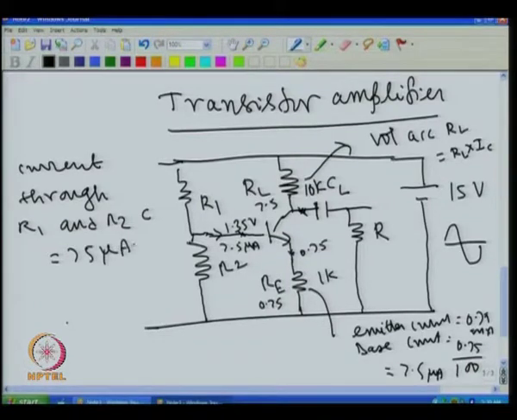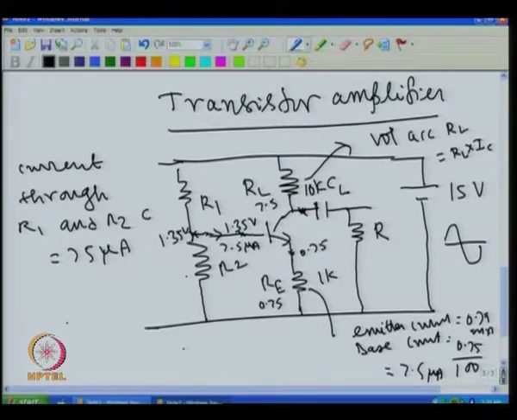That is, I have taken 10 times more than the base current. So, I know the current through this, and I know the voltage required at this point is 1.35 volt. So, I can select this resistance, then I can select this resistance as well. So, this R1, R2 can be selected that way.